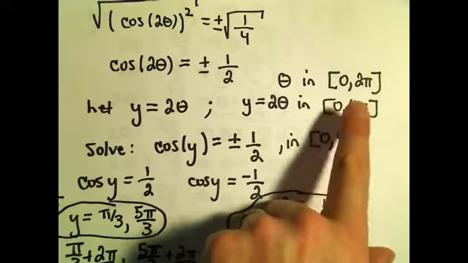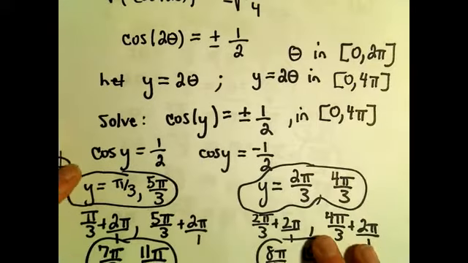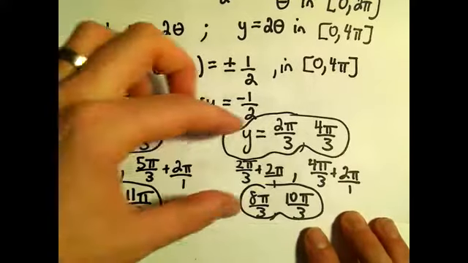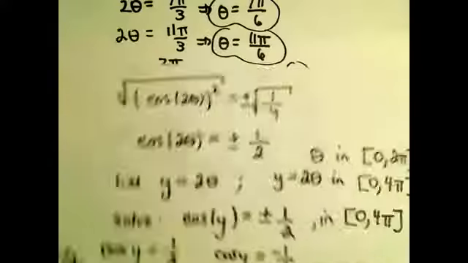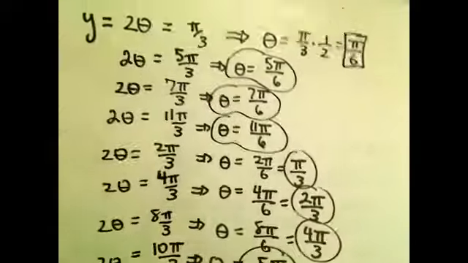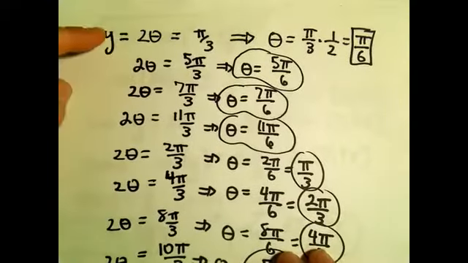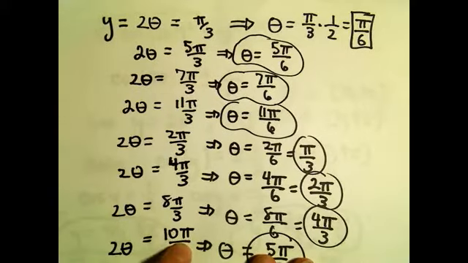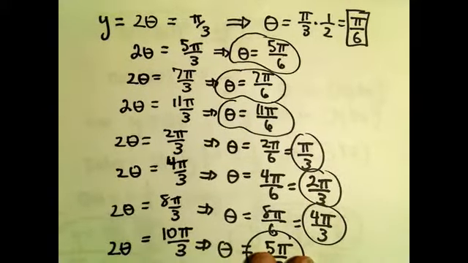I think about solutions in that new interval, so that's what we were doing here at the very beginning, thinking about those solutions in the interval 0 to 4 pi. But then I just go back and resubstitute that y was equal to 2 theta, set that equal to all the solutions I found, and then simply solve for theta, in this case by dividing by 2.